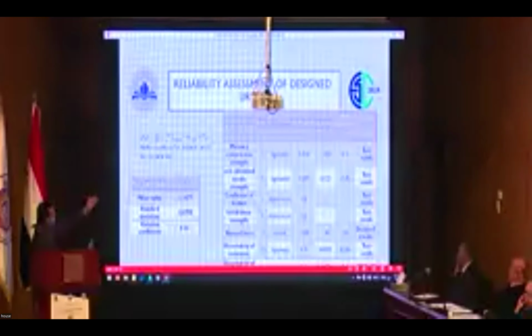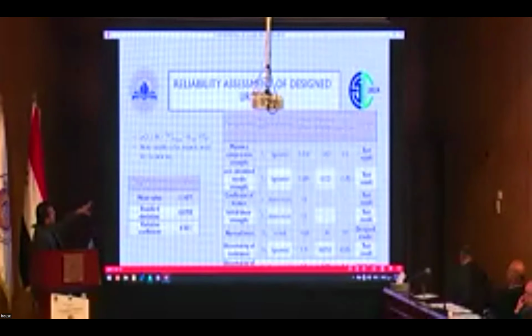Sometimes we also use deterministic values. That means they are fixed, they are exact, like the coefficient of friction. We don't use any probabilistic function for that. And we continue, we make our model with these basic variables, and then we start to run this model.